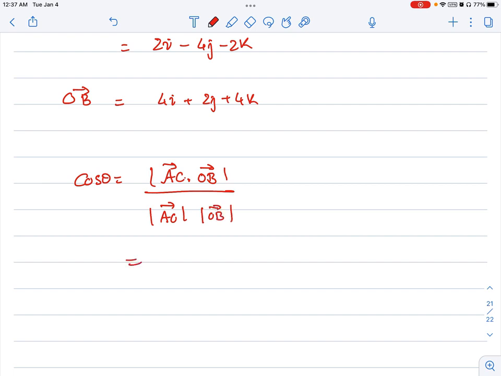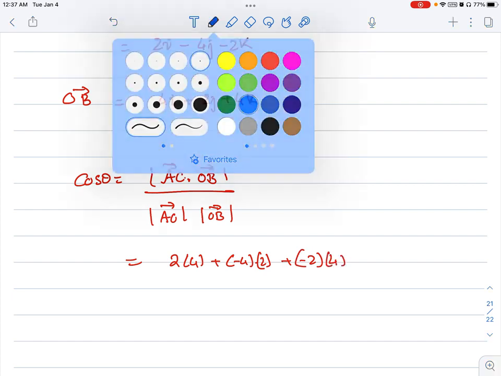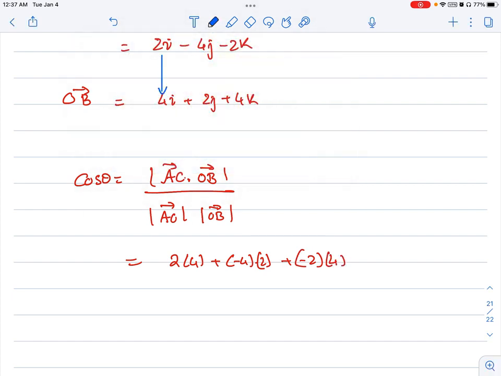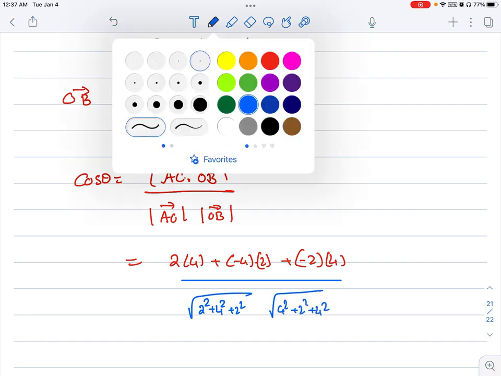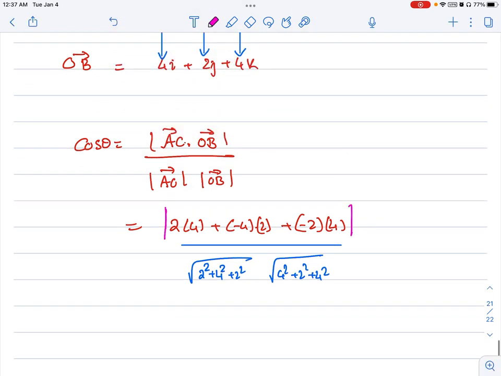So the dot product is 2 times 4 plus (minus 4) times 2 plus (minus 2) times 4. What am I doing? Multiply i terms with i terms, j terms with j terms, and k terms with k terms. Divided by modulus of AC, which is 2 squared plus 4 squared plus 2 squared, and modulus of OB, which is 4 squared plus 2 squared plus 4 squared. Whole modulus, because I told you we want only the acute angle.